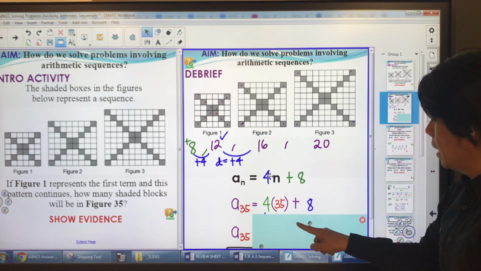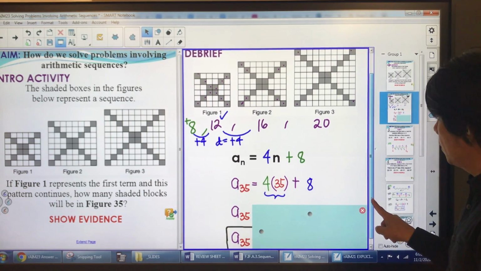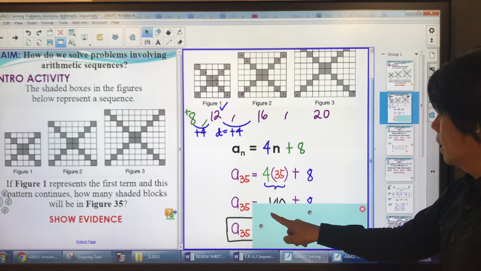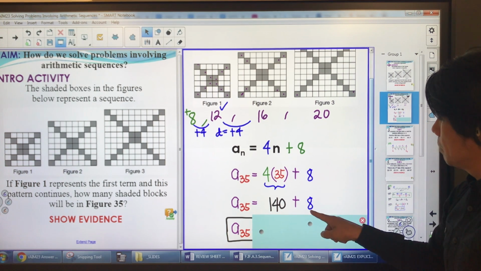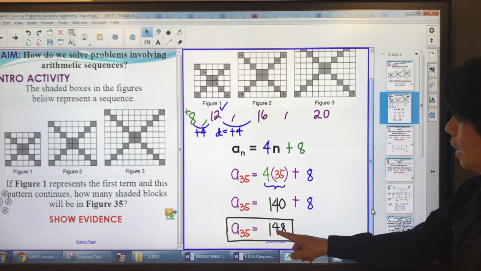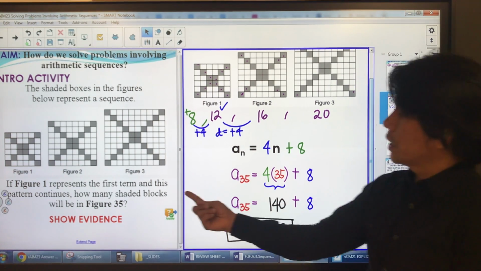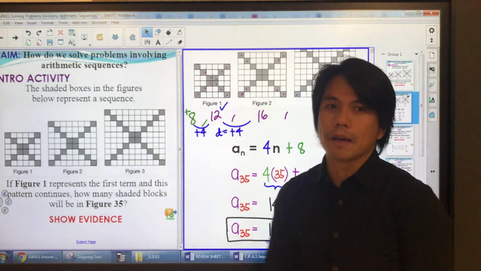If we multiply 4 times 35, you're going to get 140, then bring down plus 8. So a total of 148. This is the total number of shaded blocks in figure 35.